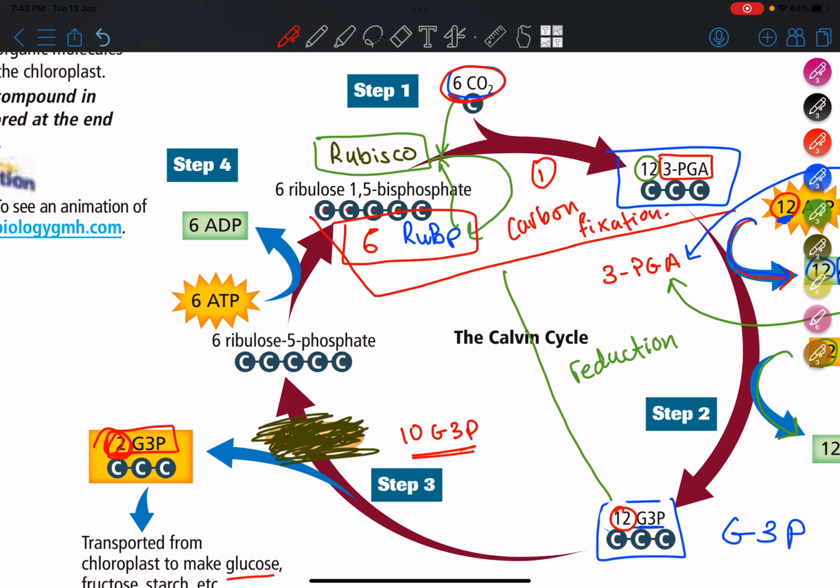As you can see here, the 10 G3P will be converted into 6 molecules of ribulose 5-phosphate. Focus on the words. Ribulose 5-phosphate. So the 10 G3P will be changed into 6 ribulose 5-phosphate. Okay?